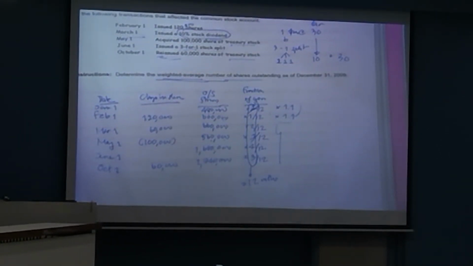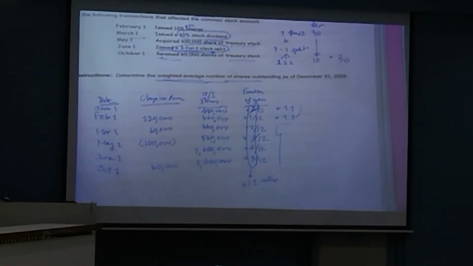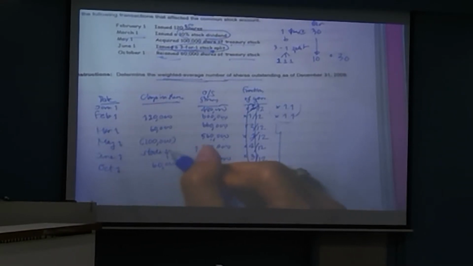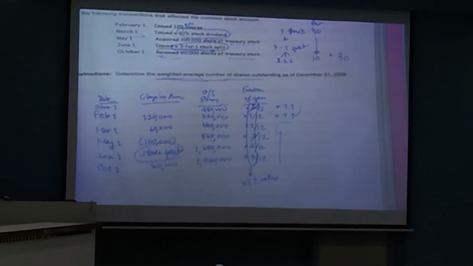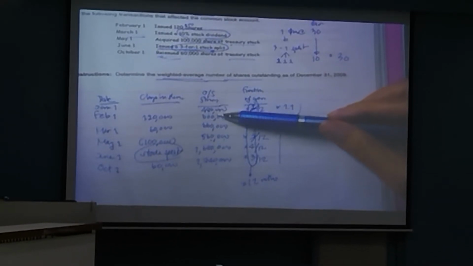One more thing you need to notice, we have a 3-for-1 stock split. What is that supposed to mean? If you got 1 share, it's split into 3 shares. You need to pretend like the stock split happened from the beginning of the year.